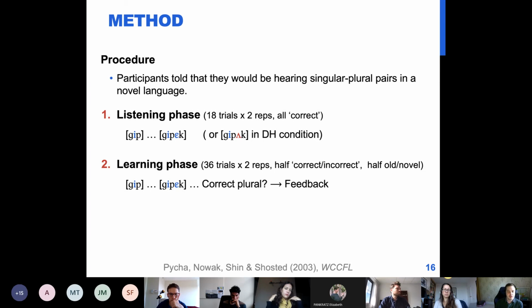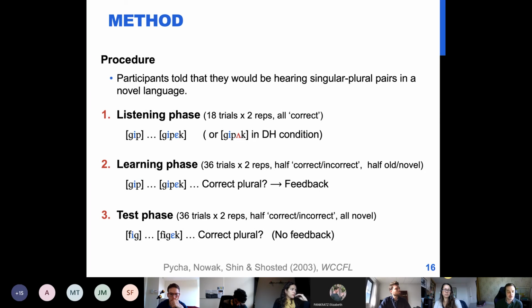Then they had the learning phase. Here they would see GPEC and then be asked if this was correct or not, and then they would get feedback. You might note this is an extremely explicit learning condition. Anytime you give someone a test like this and then give the feedback, it's pretty explicit.